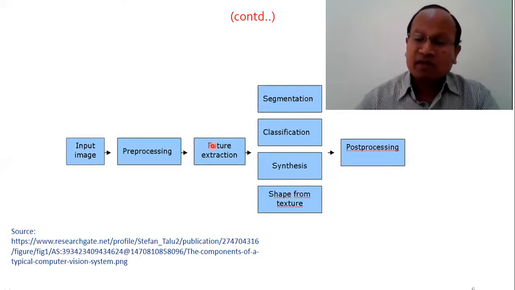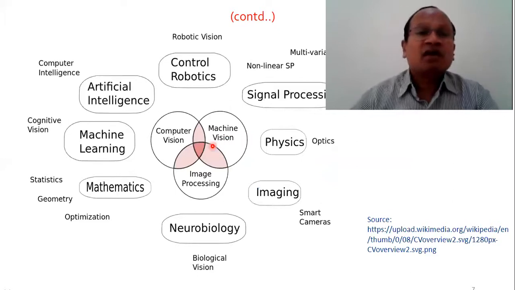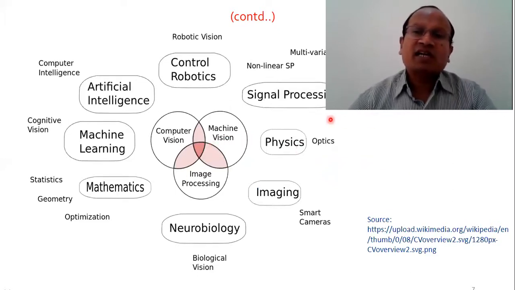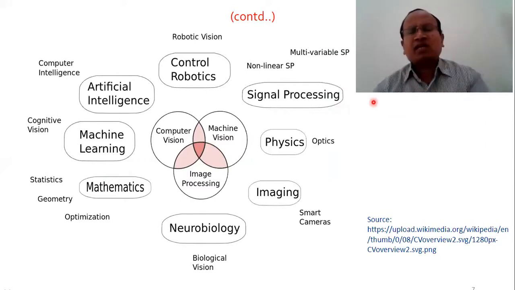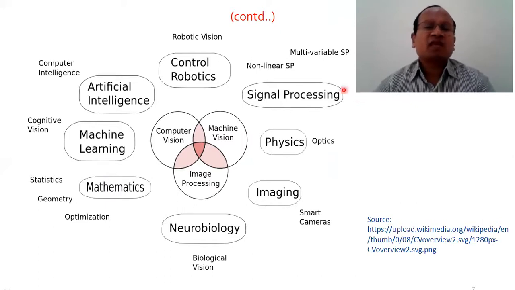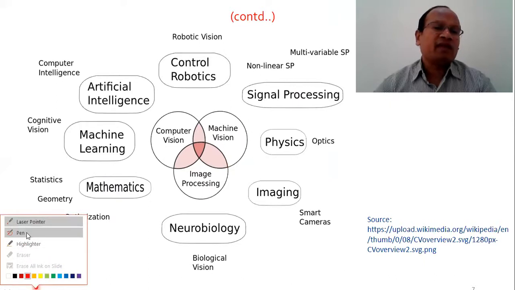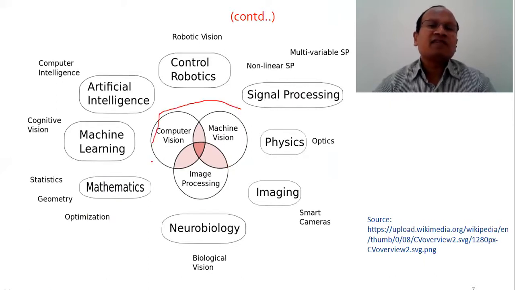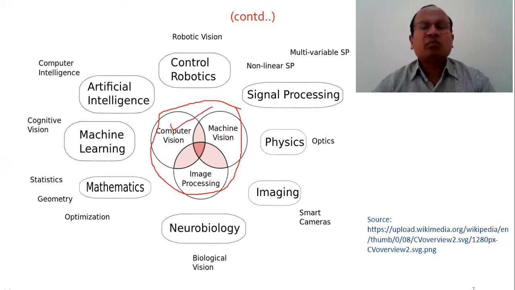empowering computer vision. If we look at this picture, another interesting picture, it highlights everything which is covered in computer vision. If you look at the central point, if I can use some pen, see here. If we select this central point, you see here computer vision, machine vision, and image processing.